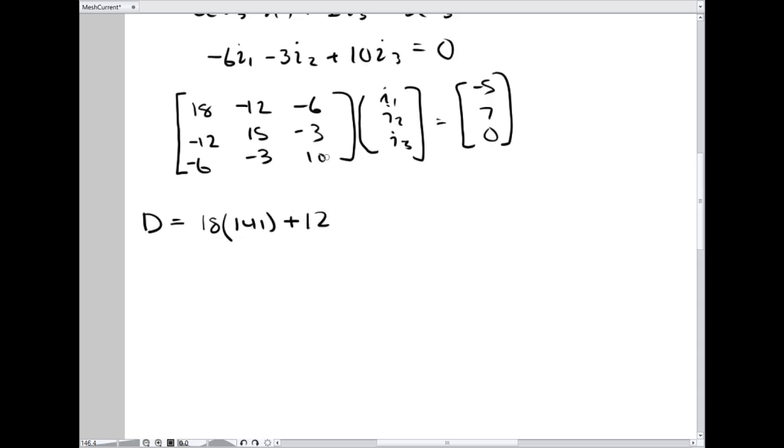It's minus 12, which is plus 12, times this minor, which is minus 120, minus 18 more, so minus 138. Lastly, plus this minus 6, because that's a plus because it's in the corner. This minor, which is 36 minus 90. So plus 90. So 36 plus 90.